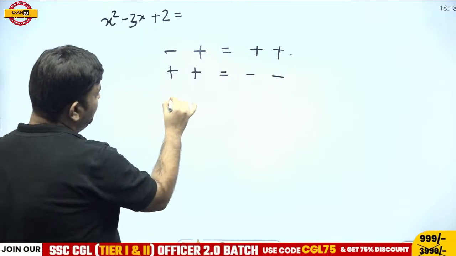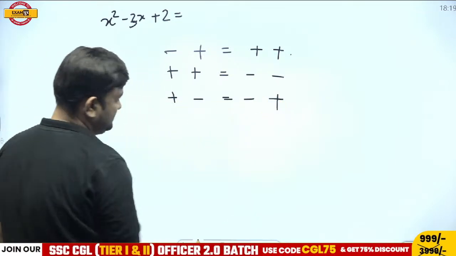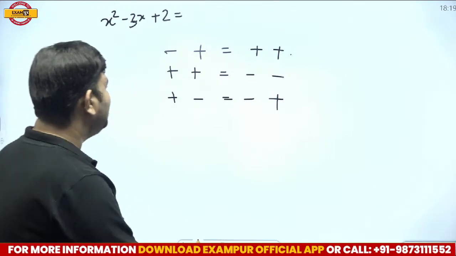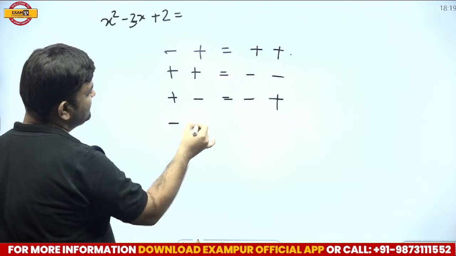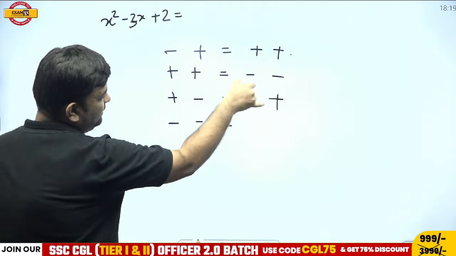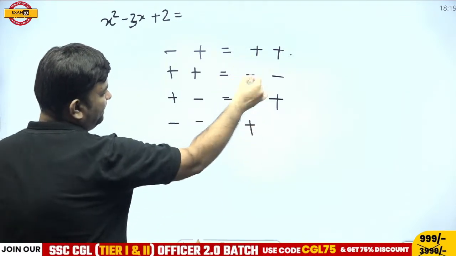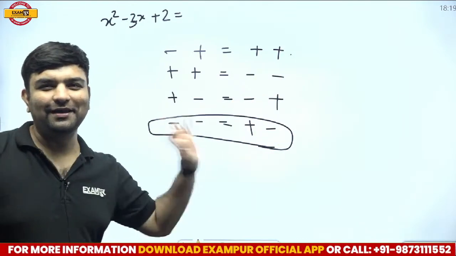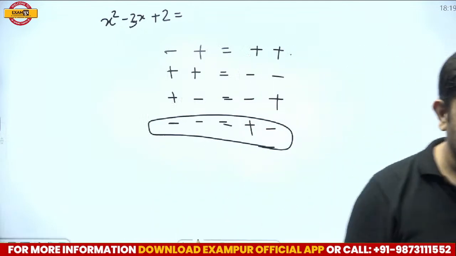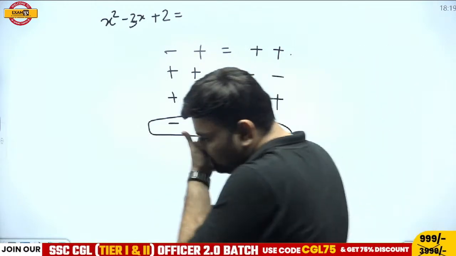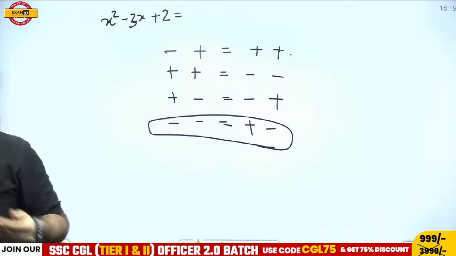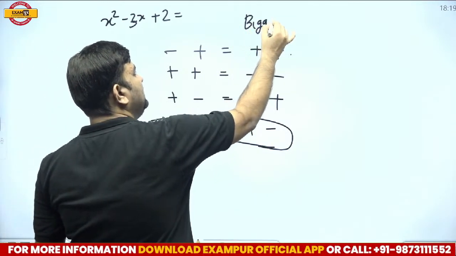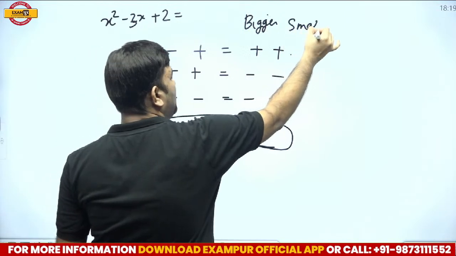Then I remember plus minus as minus plus. And the last one is minus minus, which is 2 negative, so 1 positive, and here 2 positive, so 1 negative. This is the last case. This is the sign of the bigger root numerically, and this is the sign of the smaller root numerically.